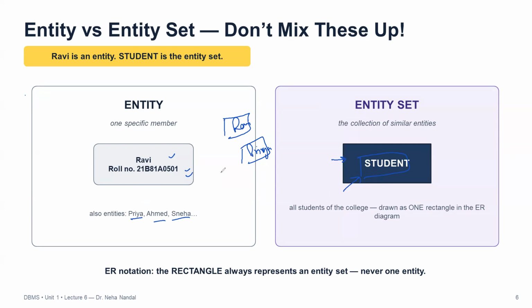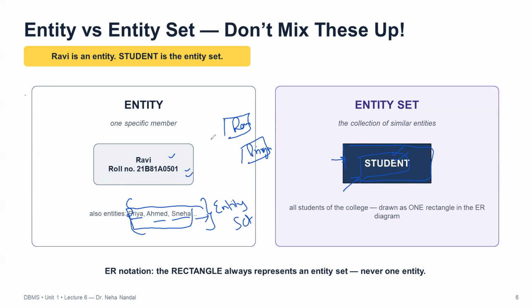So if we take the collection of all the students, it becomes an entity set. And we have to represent our entity in the diagram as a set. So here our set will be student, not Ravi or Priya or Sneha, because they all are having some similar features.